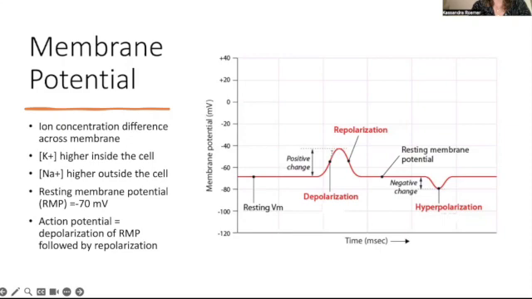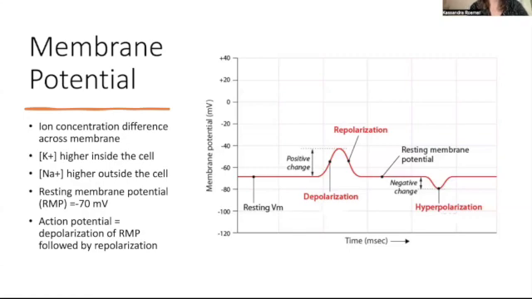In order for cells, for example, to communicate with each other, it is important that we can change that membrane potential. So action potentials, for example, cause muscle movements. This kind of looks like a heartbeat, which is essentially what a heartbeat is, that kind of electric current. That is caused by action potential, which is a depolarization of that resting membrane potential.